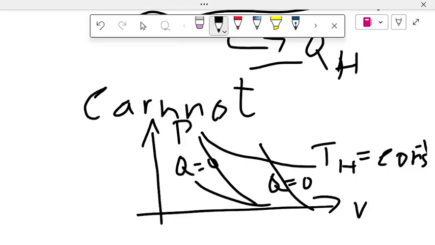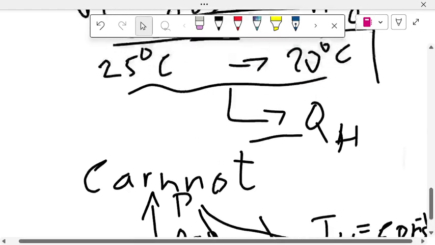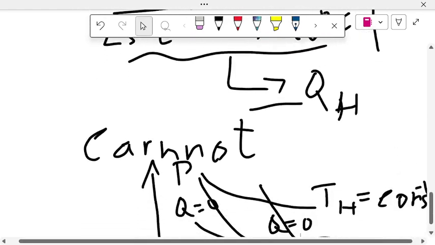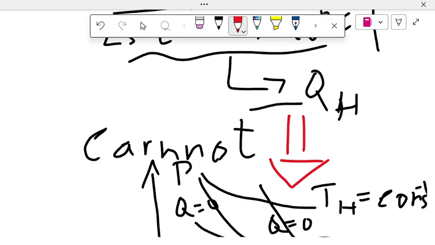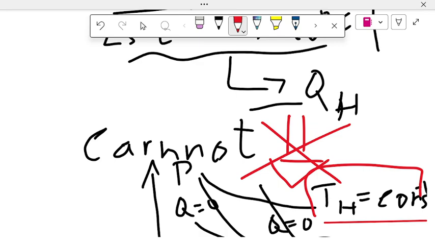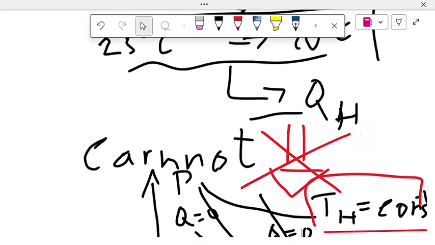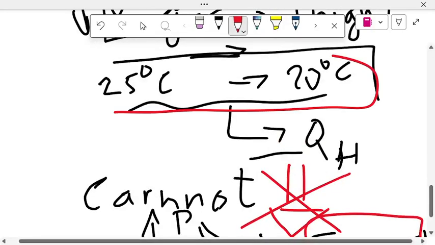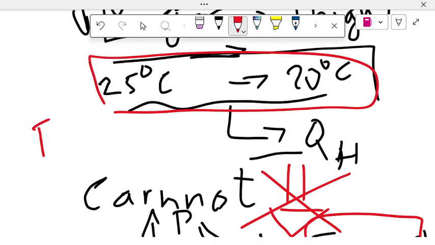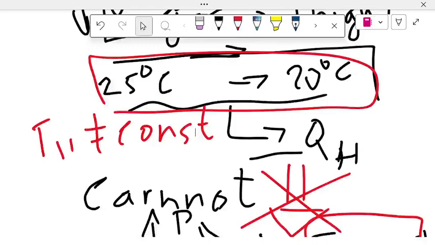But as you see, it is not constant in temperature, cannot be constant. This and this here, high temperature, is not constant. But there is one more thing here.